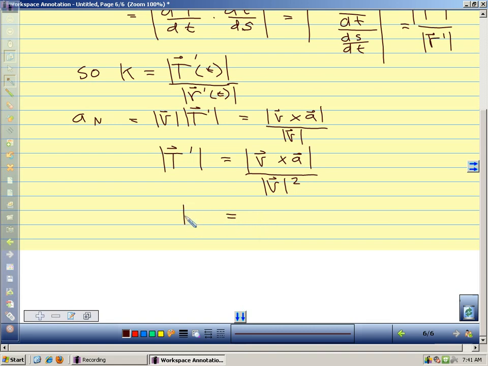So finally, k equals the magnitude of r prime cross r double prime, divided by the magnitude of r prime cubed.